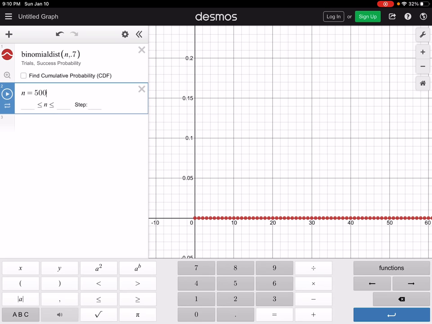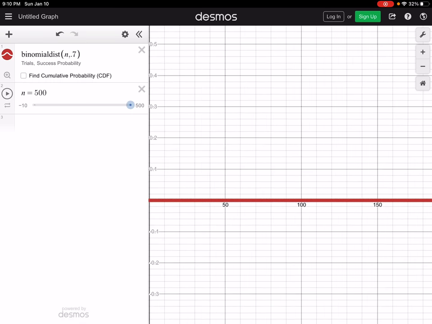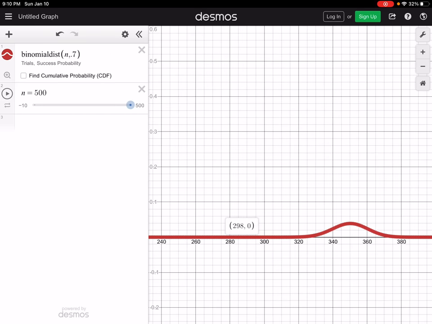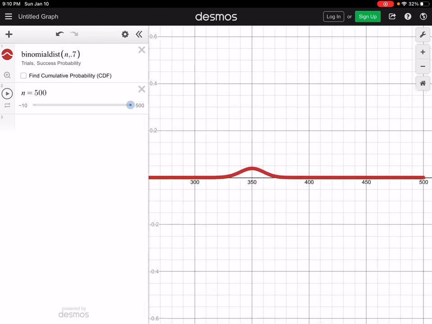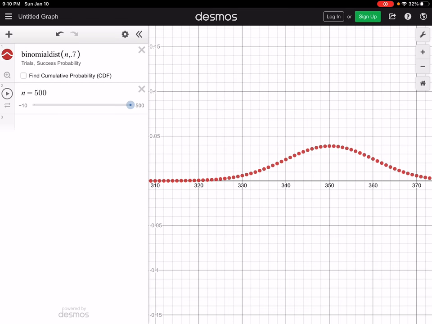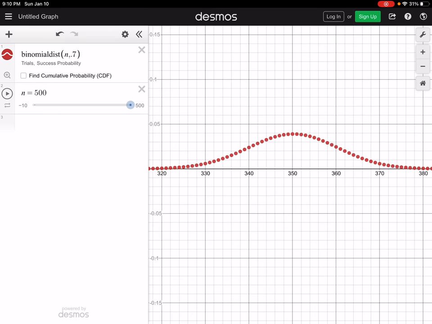But say if I did 500, we have to zoom over here, but we're getting something more and more normal distribution-y. And that's what we're talking about with the binomial distribution. If you let your n get big enough, instead of doing binomial distribution calculations, we can do normal distribution calculations. And those are always the best calculations for us. They're the easiest ones to do.